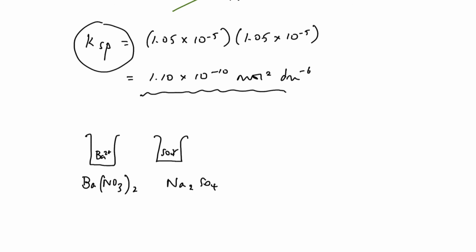If I mix those two together, then we would expect barium sulfate to precipitate out if the product of the ion concentrations of the barium and the sulfate exceeded Ksp. If it was less than Ksp, then we wouldn't have a saturated solution, no equilibrium present, and we wouldn't see the solid precipitate out.